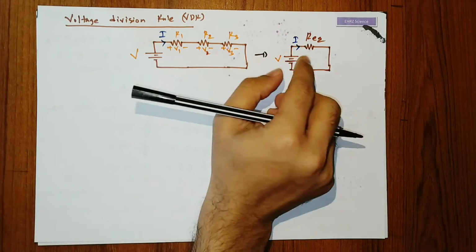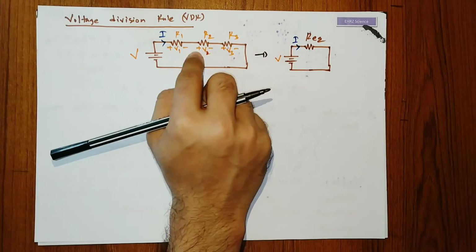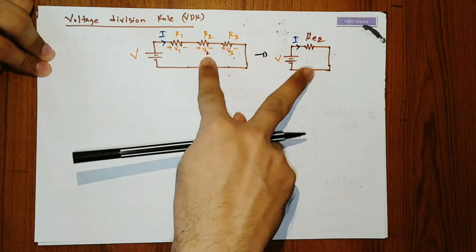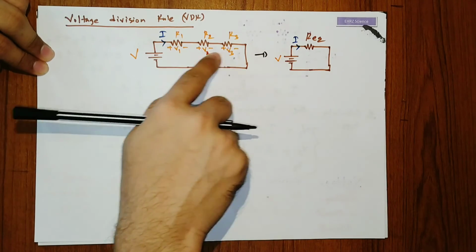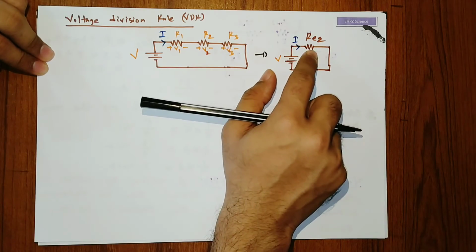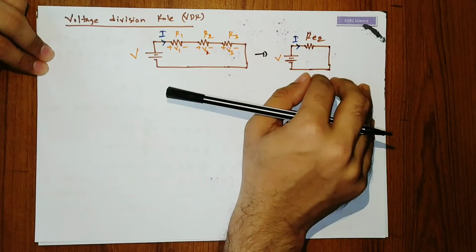There is no difference between these two circuits, because I have written down the equivalent resistance of R1, R2 and R3.